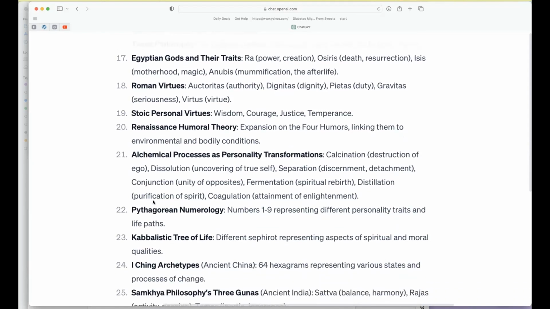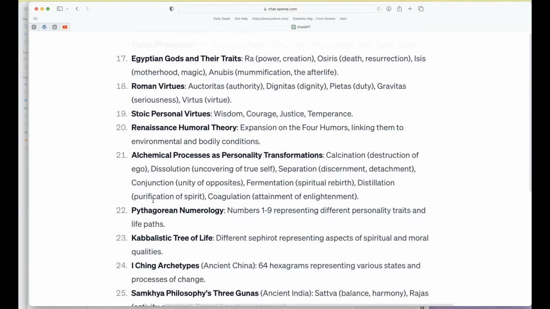There's so many more beyond this. The Pythagorean numerology, I wonder if that would map more to the Enneagram. Alchemical processes as personality transformations. Whoa. Calcination is the destruction of the ego. Dissolution is uncovering of the true self. Fermentation, spiritual rebirth.